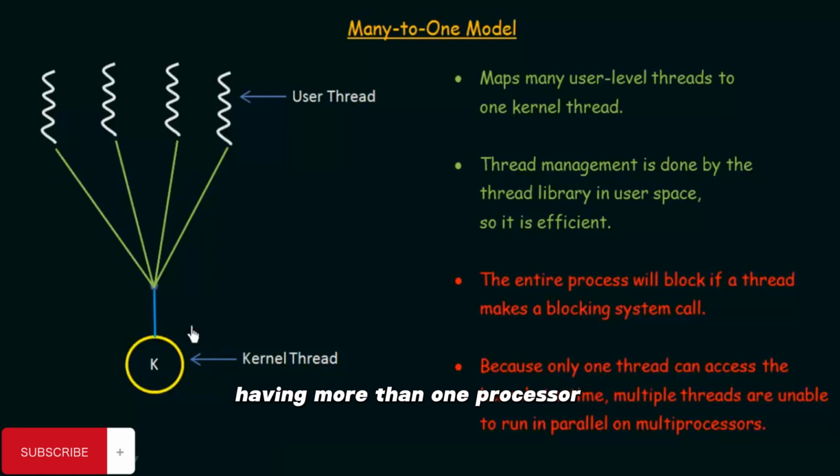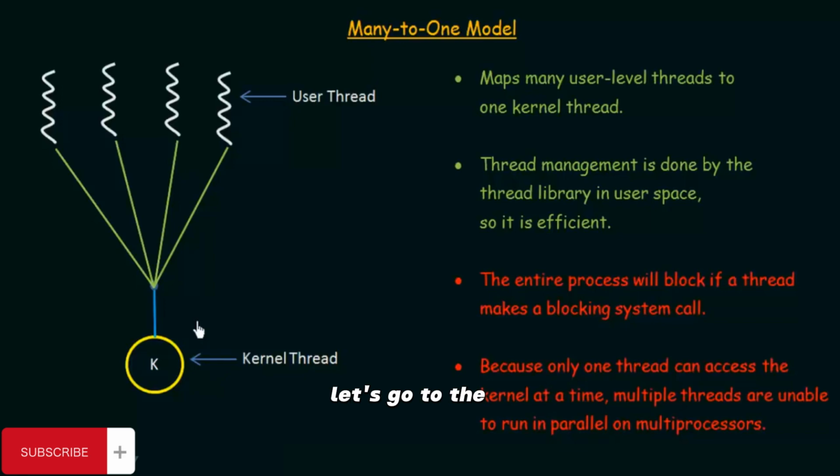Even though we have more than one processor, one kernel thread will run on only one processor. One kernel thread cannot run on two processors. So this entire thing will run on only one of the processors because they are all mapped to one kernel thread. That is another limitation of the many-to-one model.